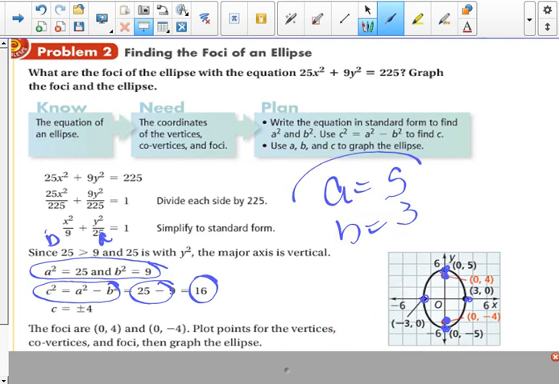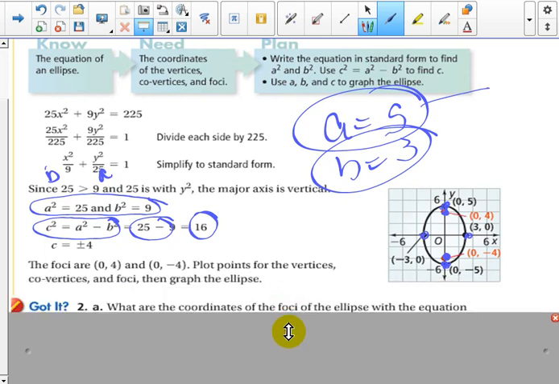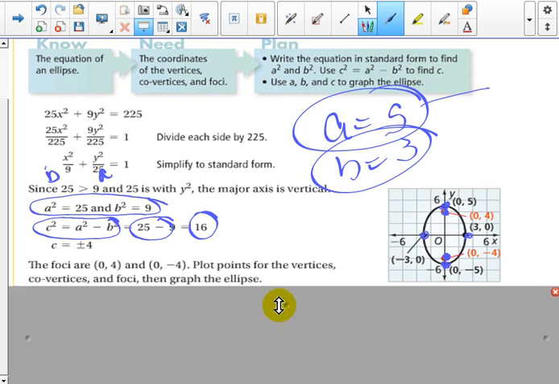Because a gives our vertices, and b gives our co-vertices. Now we've got enough to graph it. Once you plot those points, then you graph the ellipse.